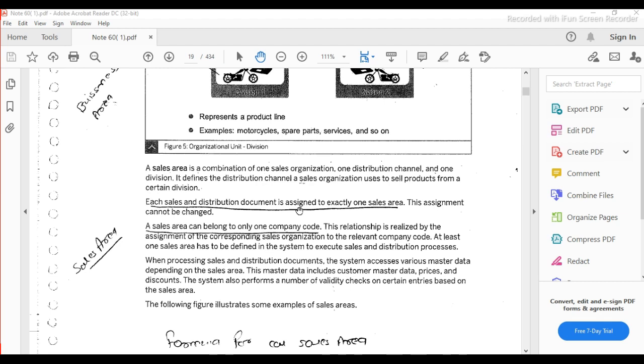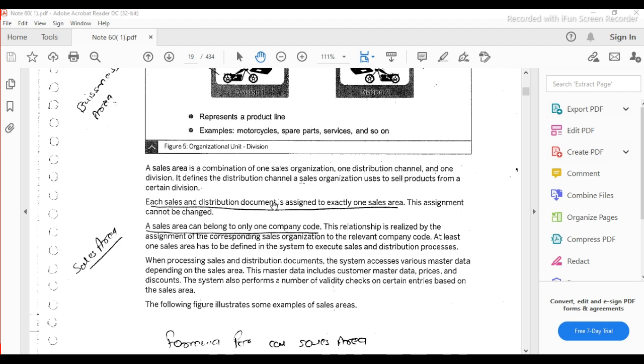It means how a company uses its distribution channel or medium to sell a particular product from a particular sales organization, from a certain division.